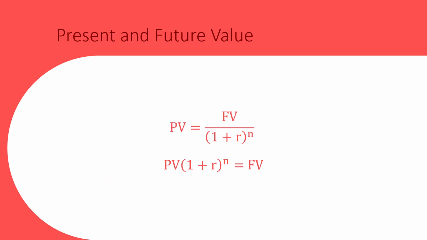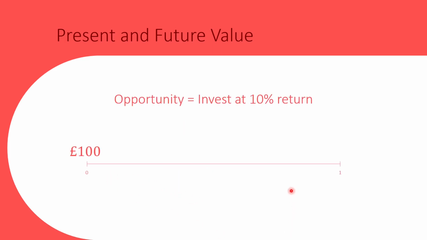Okay. And just by way of an example, just to refresh your memory as well, let's say your present value, or the value that you have right now, is £100, and that is at time zero. Your opportunity is to invest this at a 10% rate of return, and you want to know what the future value of this will be, so the value after 1 year.